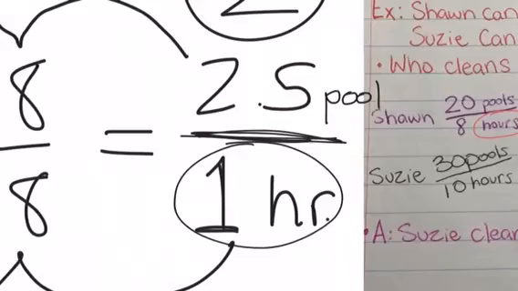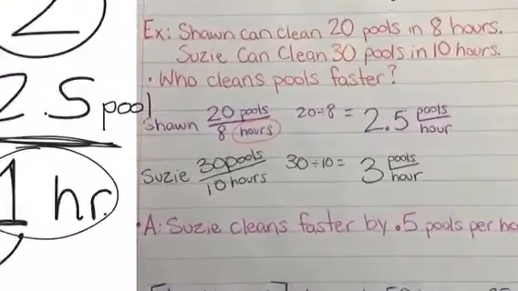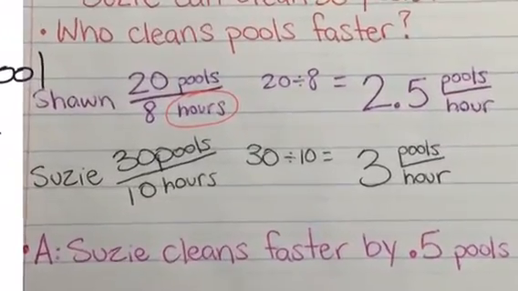And if we do that same thing over here for Susie's rate, we start with our 30 pools on top, 10 hours on the bottom. Hours goes on the bottom because it's our unit of time. Divide 30 by 10, you get 3 pools per hour. Here the pools is on top because it's on top here. Hours is on the bottom because it's on the bottom here.